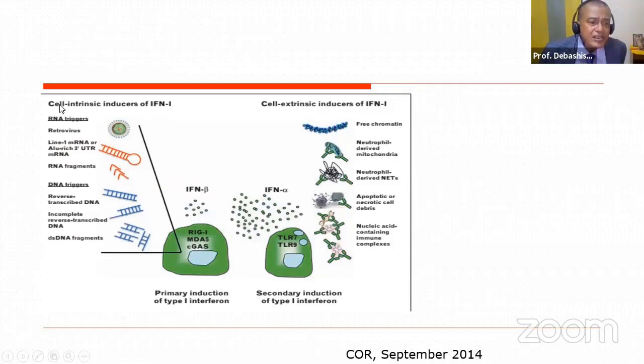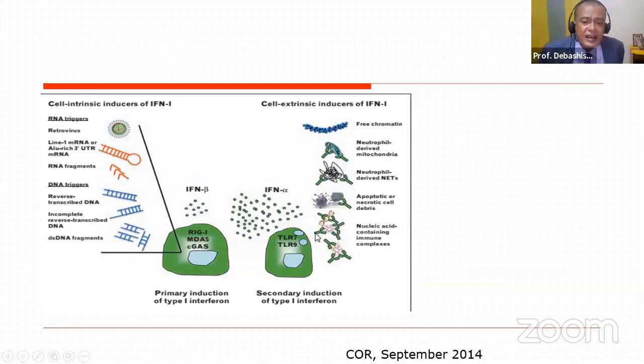Broadly, there is induction of type 1 interferon by primary induction and secondary induction. The primary induction is by cell intrinsic inducers of interferon, which include RNA triggers and DNA triggers, which are fragments of these, and viruses and virally modified cells. Cell extrinsic inducers of interferon include free chromatin, neutrophil derived mitochondria, neutrophil extracellular traps, apoptotic or necrotic cell debris, and nucleic acid containing immune complexes.